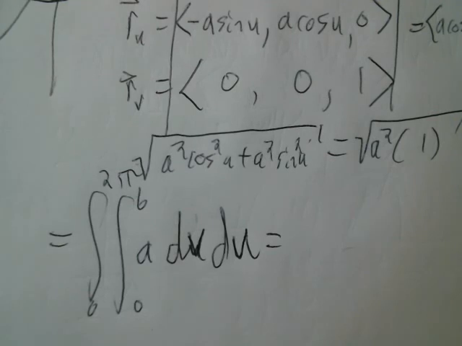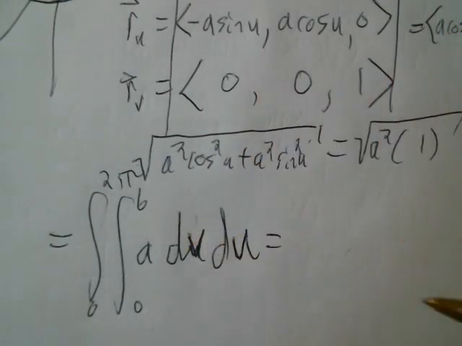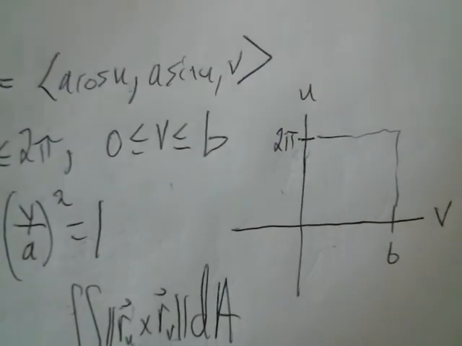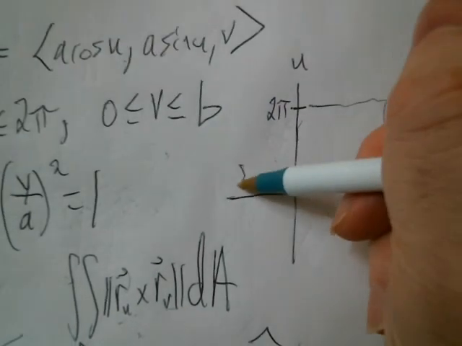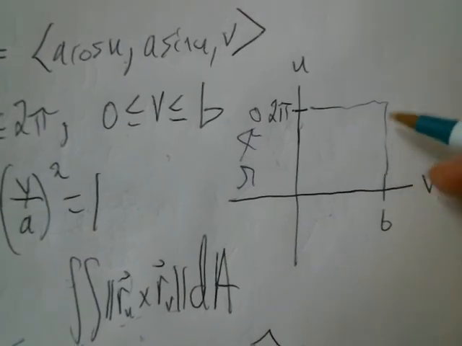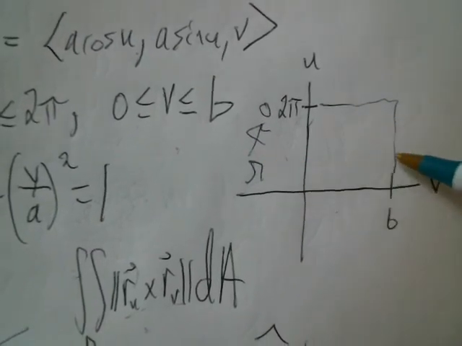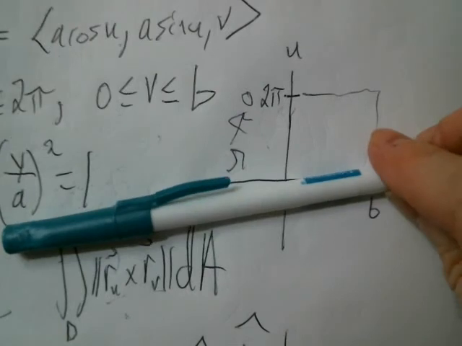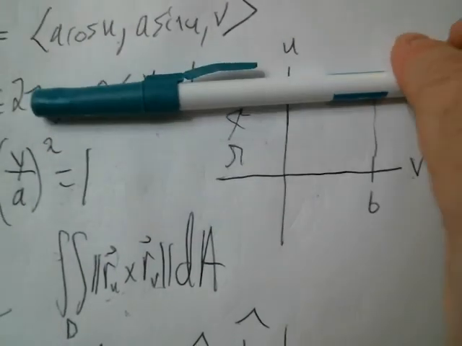I'm just thinking in my head, making sure it's right. It's the wrong order. I apologize. So up here this would be the u, and this would be the v. If I go with my running man in this direction, I'm going to get the same answer whichever way I do it. But if he's going in this direction, the v is like the x-axis, right? So I'm going curve to curve. That means 0 to 2 pi.